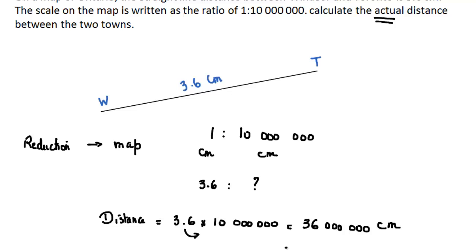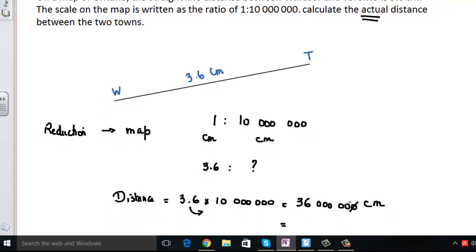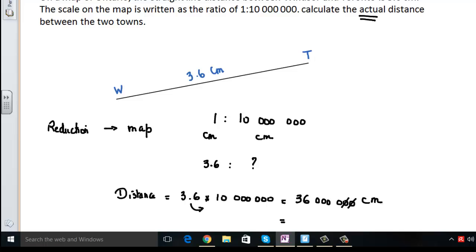Now I need to transfer this to kilometers. From centimeter to meter, I move 2 zeros. From meter to kilometer, I move 3 zeros. That means 360 kilometers I need to go from Windsor to Toronto. So if I need to rent a car, I will know that I need to drive 360 kilometers.